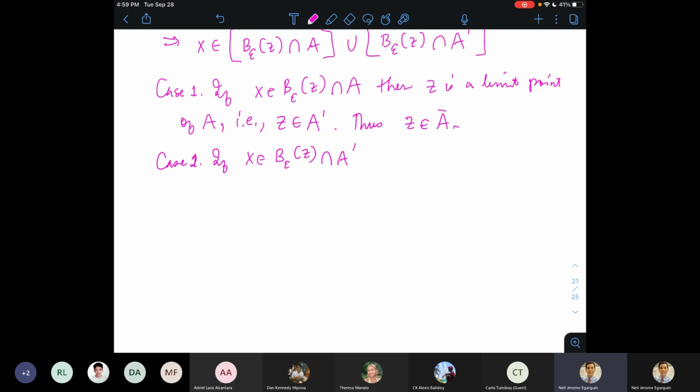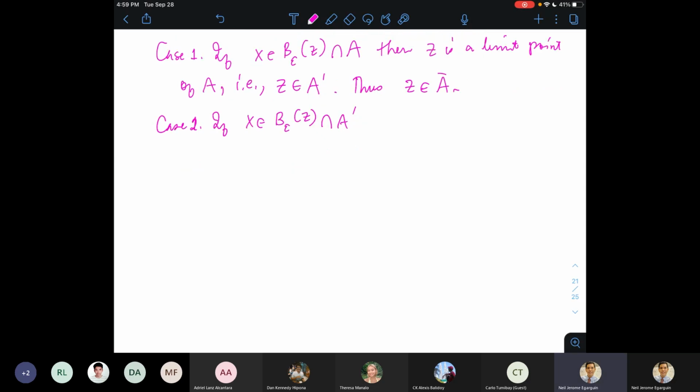Okay, let's see. If I will only apply the definition of intersection, then I will get X is an element of A prime. Pero hindi naman ako interested kung saan nagbe-belong si X. Interested lang ako kay Z. Gusto kong maipakita si Z ay na kay A bar. Okay?